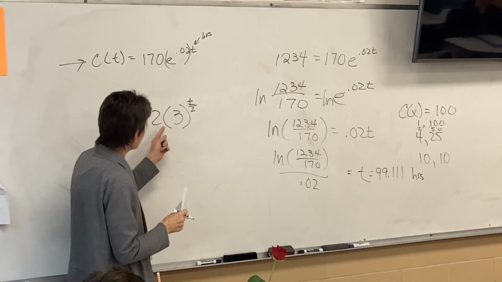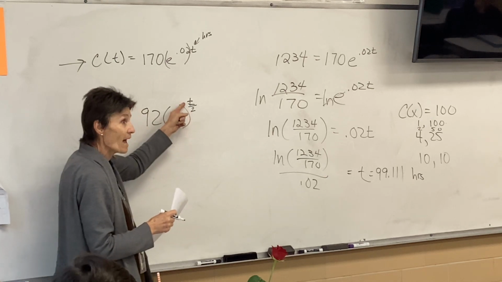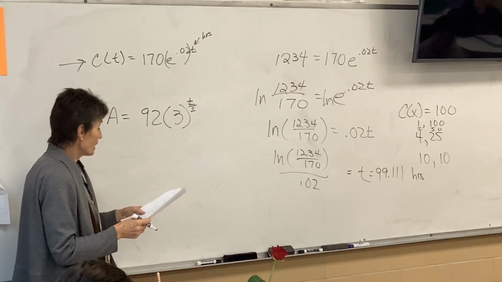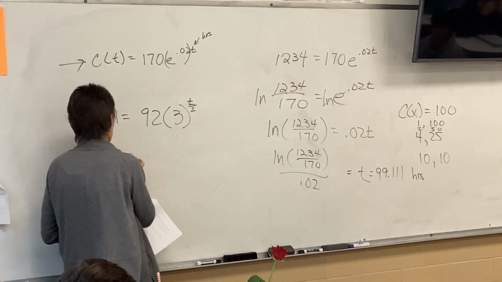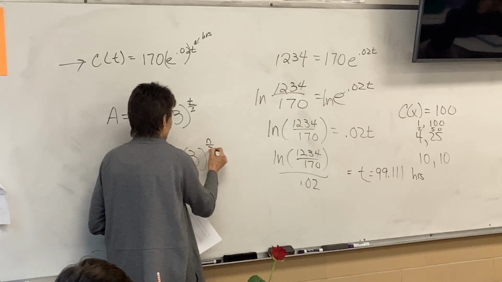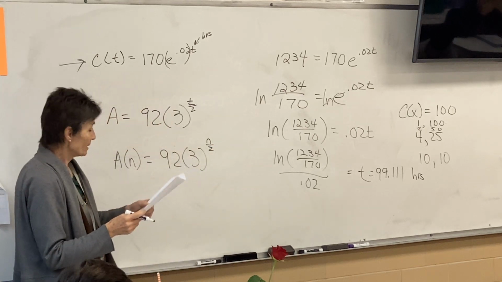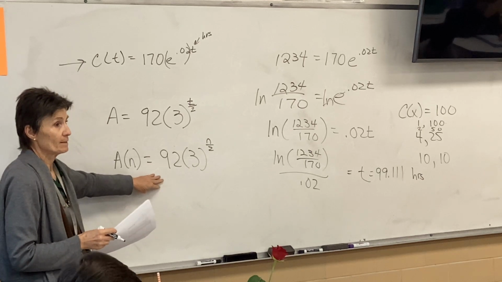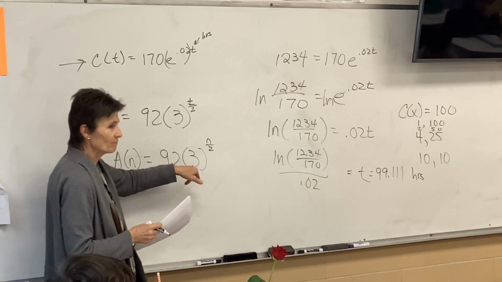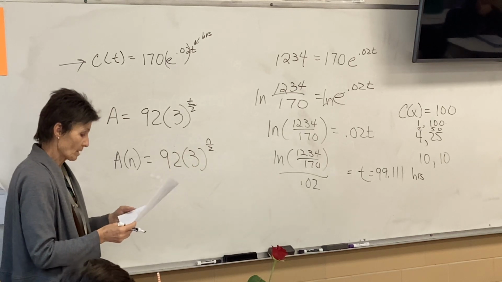So whatever 92 times 3 to the 5 halves is, would be our answer. And then, so my equation would be this. Does that make sense to everybody? This is like those half-life problems, only it's not a half-life, it's actually tripling.